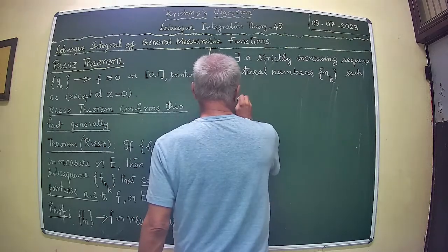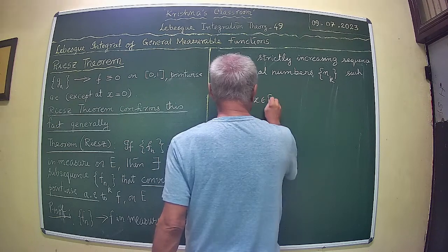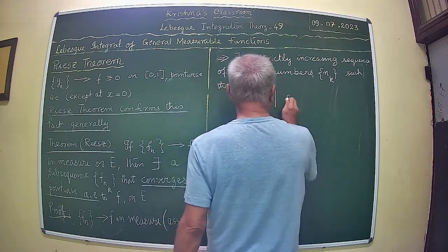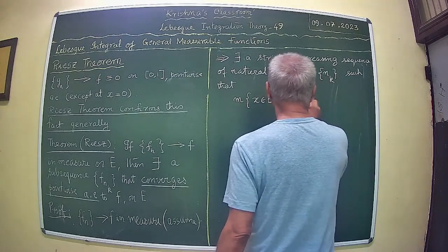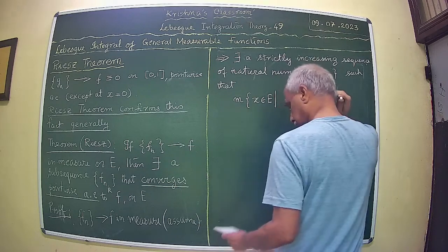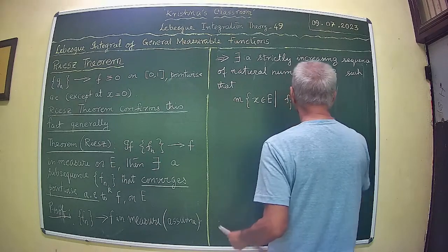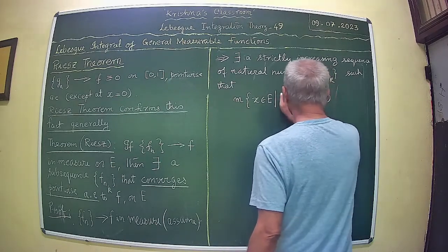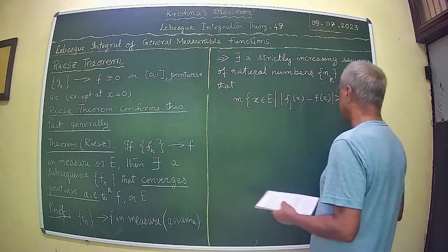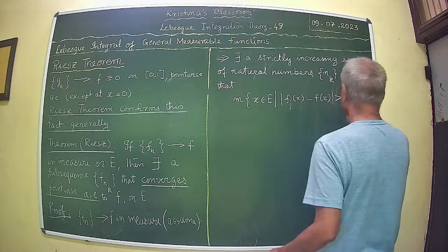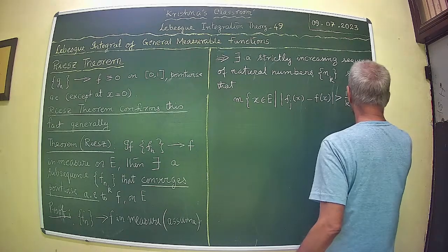the measure of the set where |f_j(x) - f(x)| is greater than or equal to 1/k, and by the definition, this is less than or equal to 1/2^k.